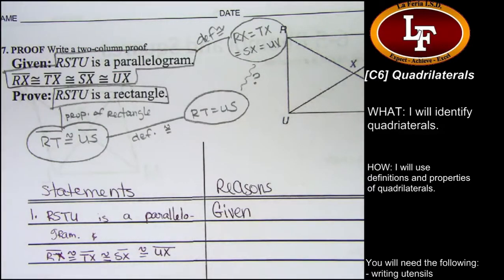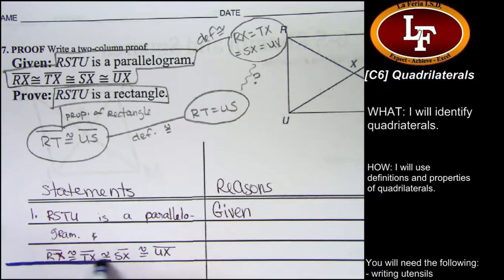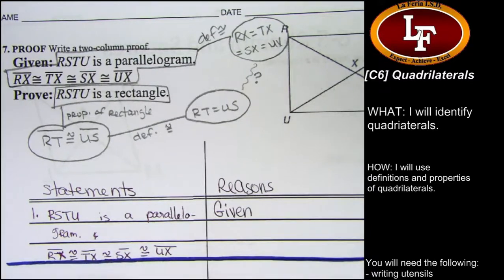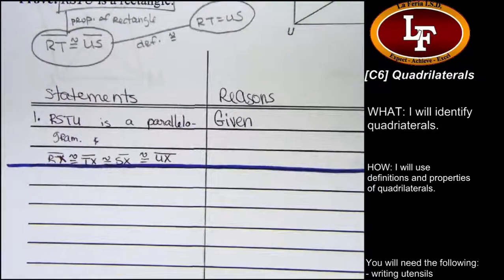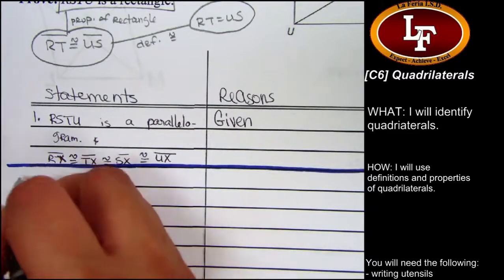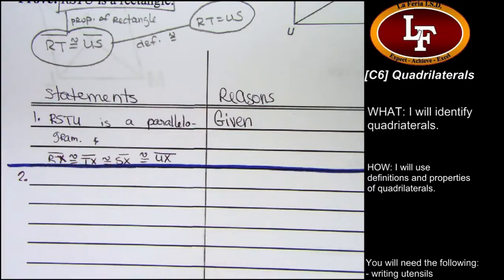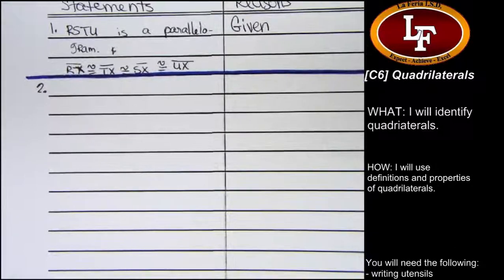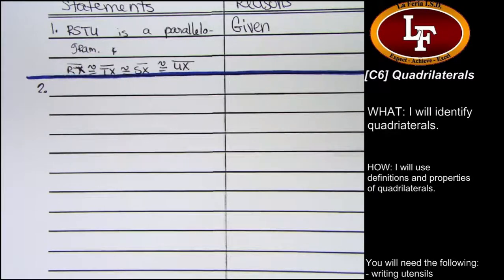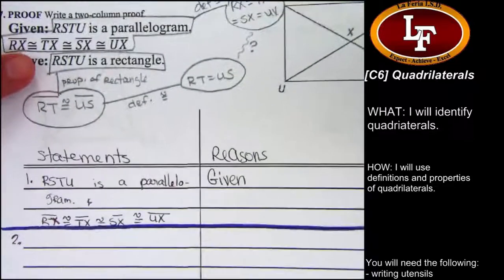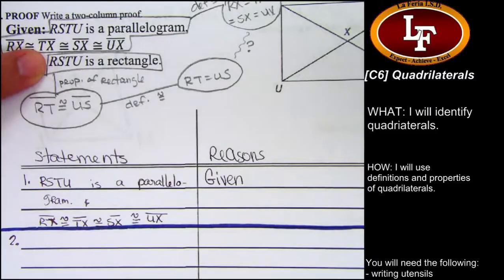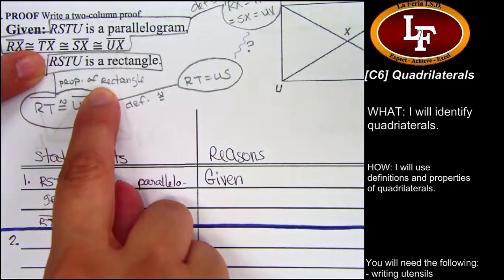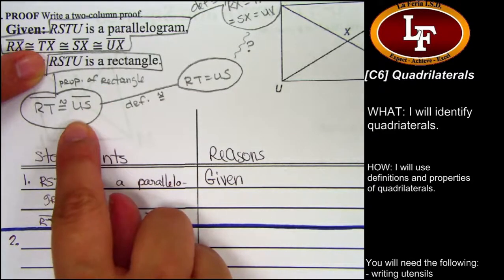You're welcome to take a marker or highlighter and make this line a little bolder for yourself, so that way it's easy to tell that I am done with that particular statement and I'm moving on to statement number 2. You'll continue along that path until you get to the very bottom of the proof, in which your last statement will be this prove line, but its reason will be how you got there from the previous statement.